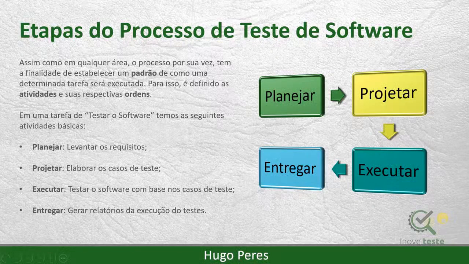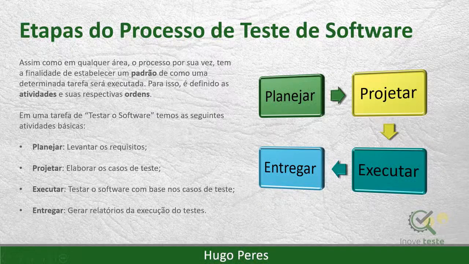So, once you have the notion and knowledge of the product you are working on, you elaborate your test plan. It's the test cases, the tool that you intend to use, the test technique that you intend to use, be it functional test, unit test, performance test, anyway.